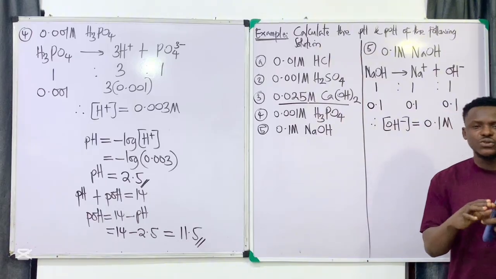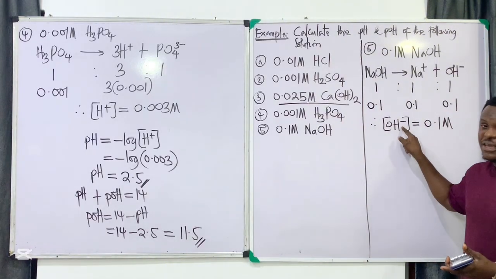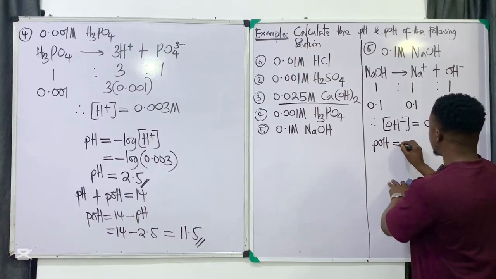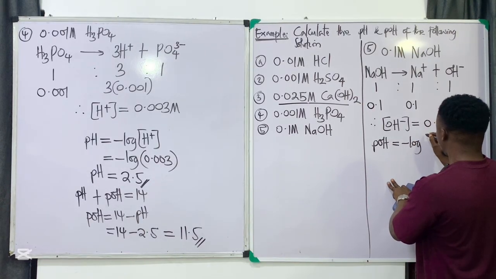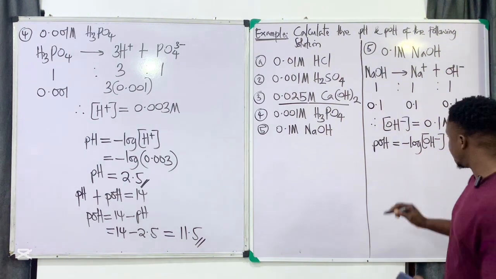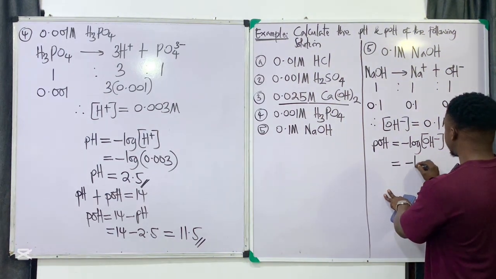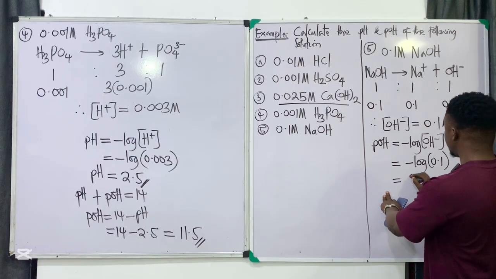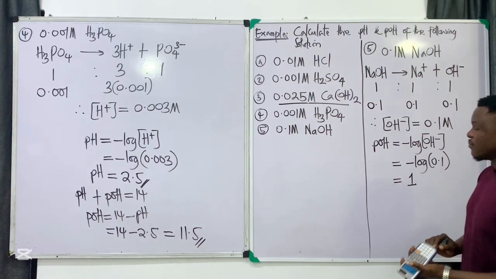So the one I'm going to use is the one that has what I have here. So I will say pOH equals negative log of OH minus. So this becomes negative log of 0.1, which is 1.